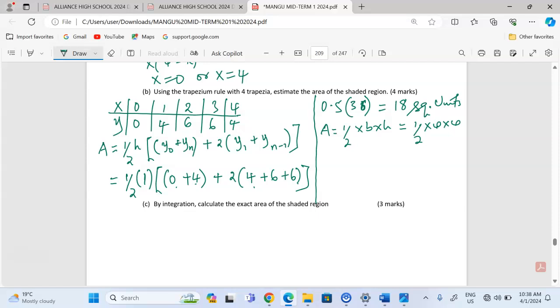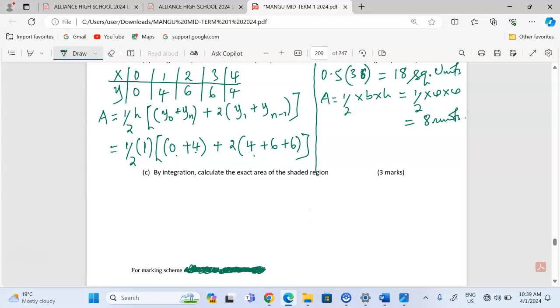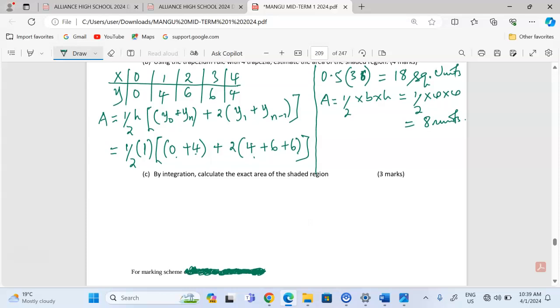This gives us 16 divided by 2, giving us 8 square units. So the area of the shaded region is 18 square units minus 8 square units, giving us 10 square units.